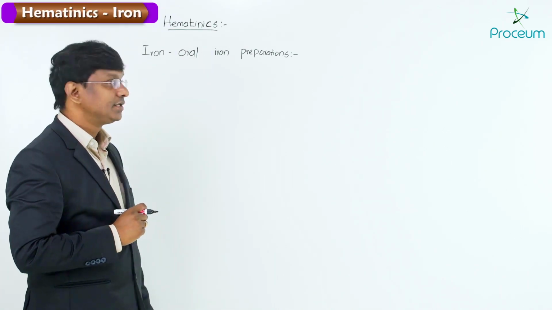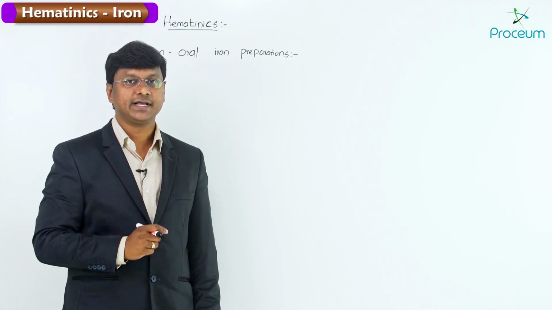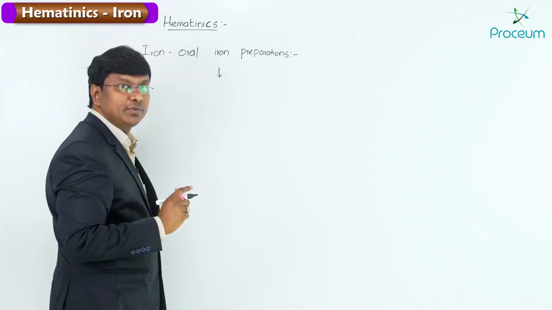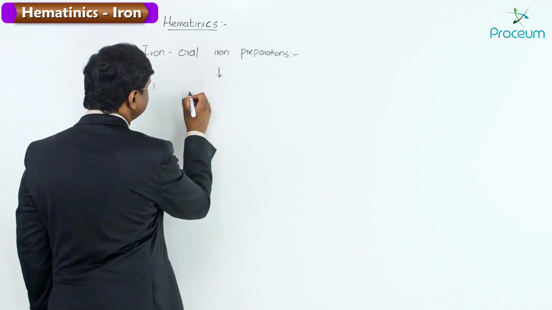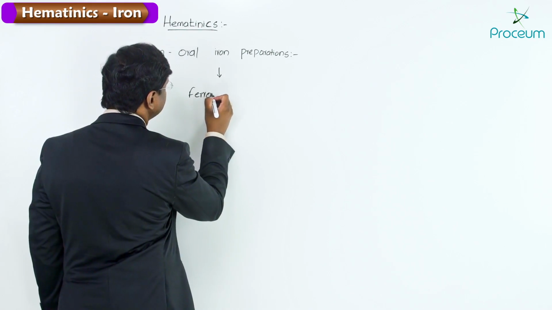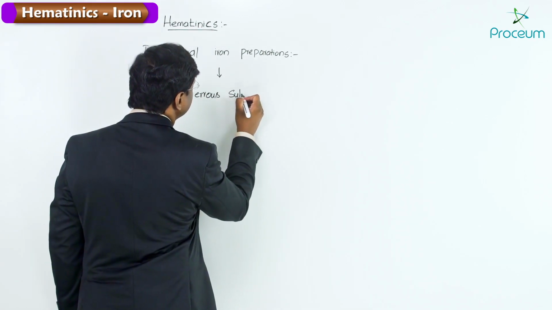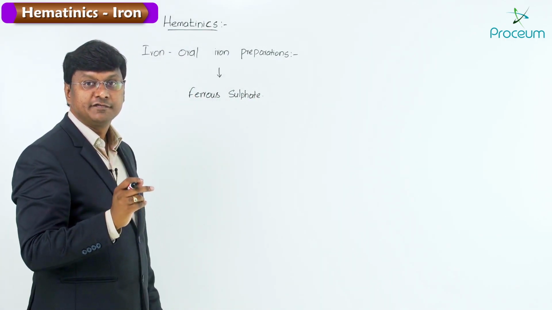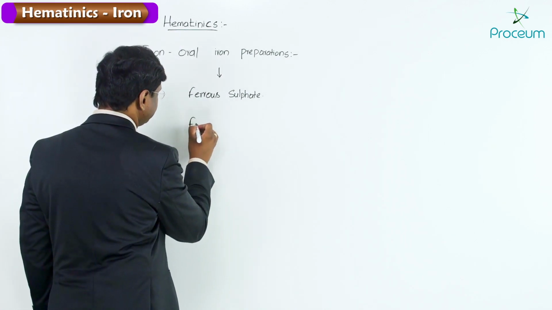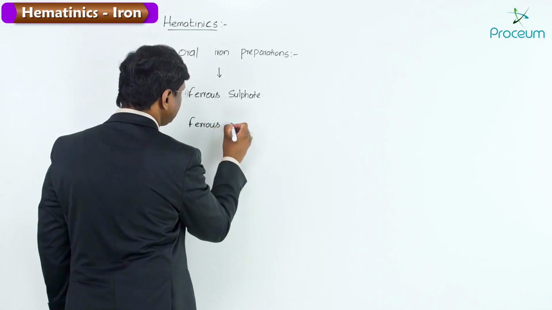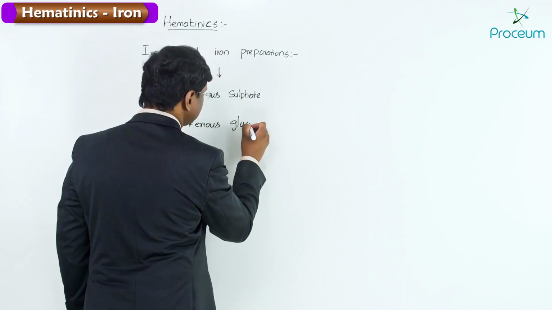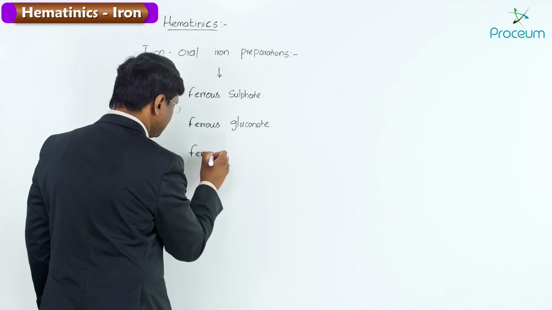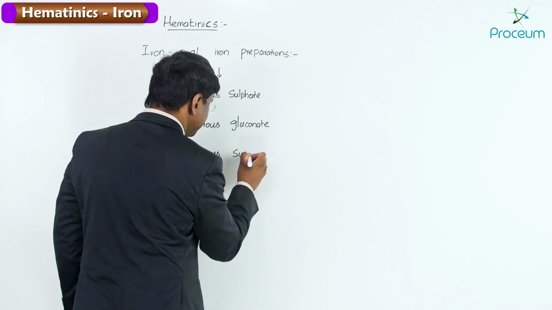So let me tell you the oral preparations of the iron. Oral preparations include number 1, the ferrous sulfate, number 2, the ferrous gluconate, and then we have ferrous succinate.